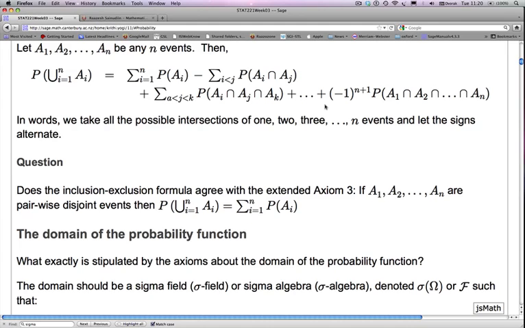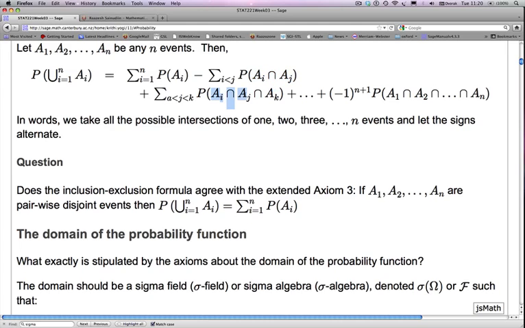Okay, the answer to this question is clearly yes, because we are given events that are pairwise disjoint. So because they're pairwise disjoint events, the probability of their intersection is 0, because it's the probability of the empty set due to their pairwise disjointness.